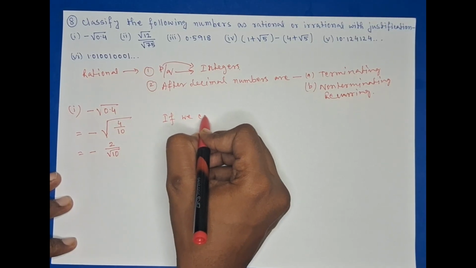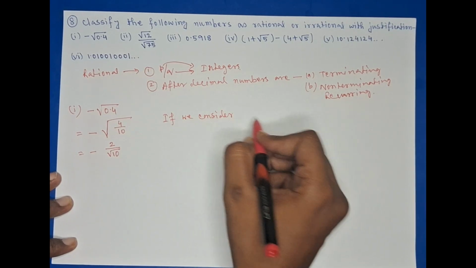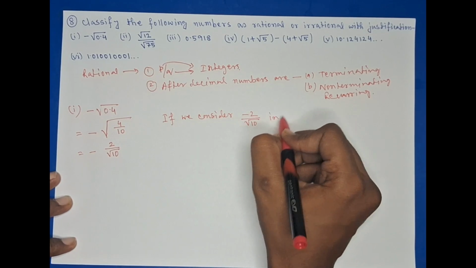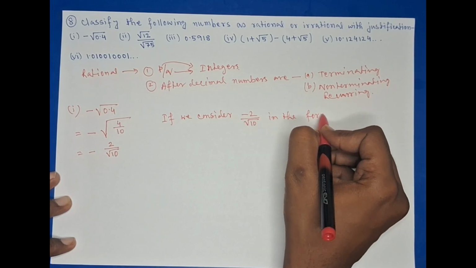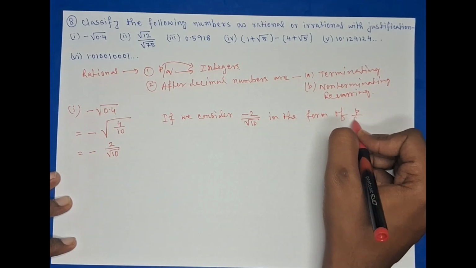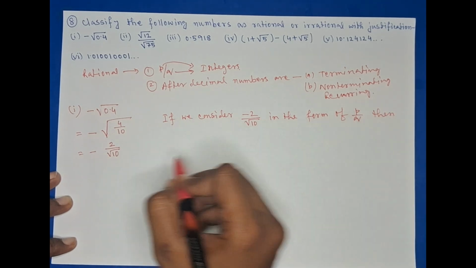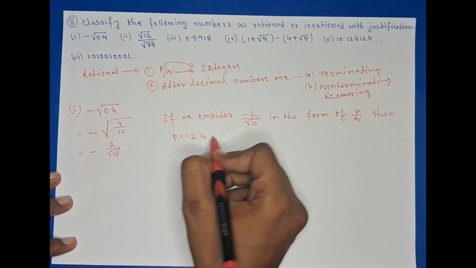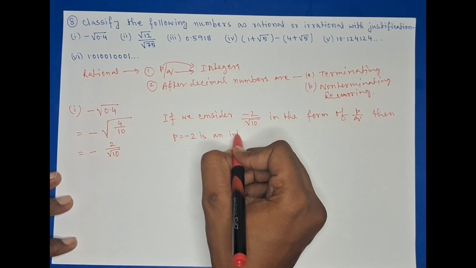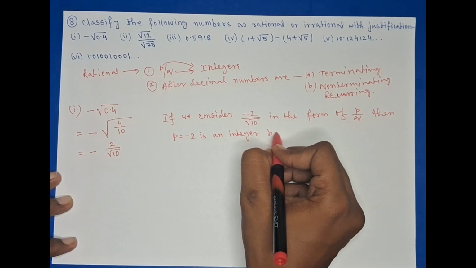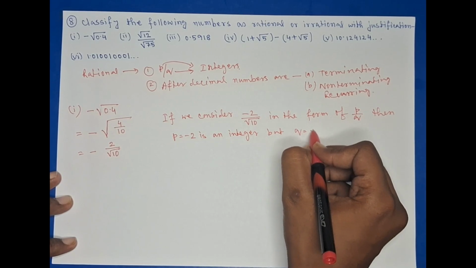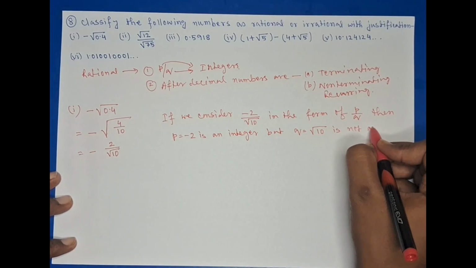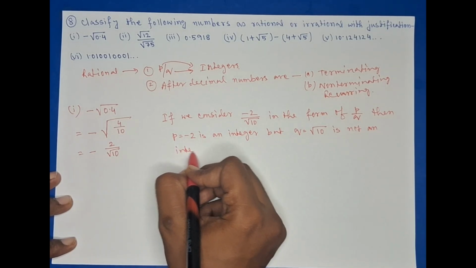If we consider minus 2 by root 10 in the form of p by q, then p is equal to minus 2, which is an integer, but q is equal to square root of 10, which is not an integer.